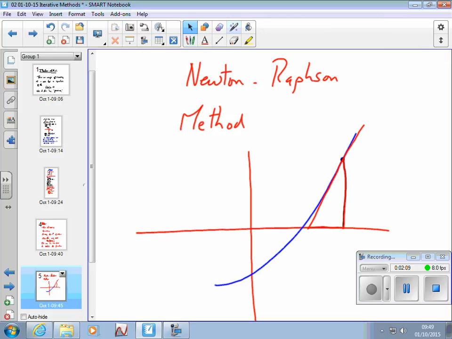And let's label this ABC, so we can talk about that triangle ABC. And let's call this x0, our first guess, and this x1.